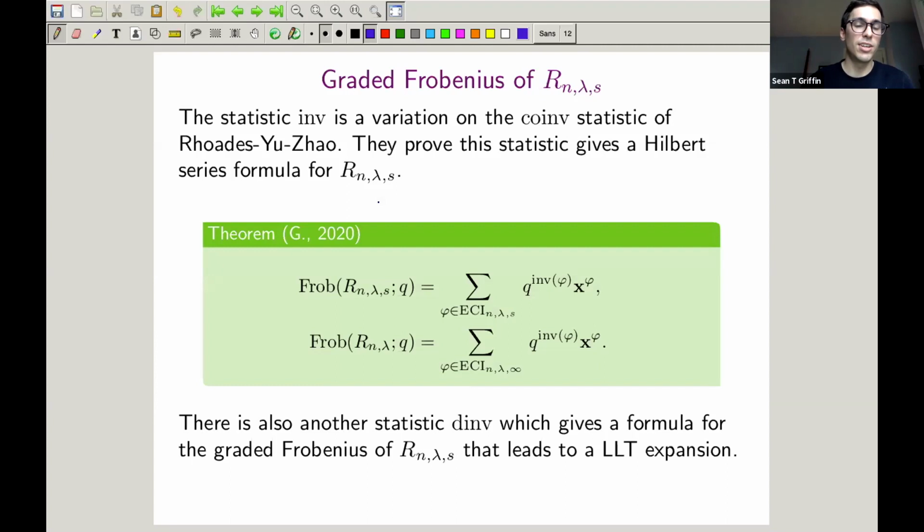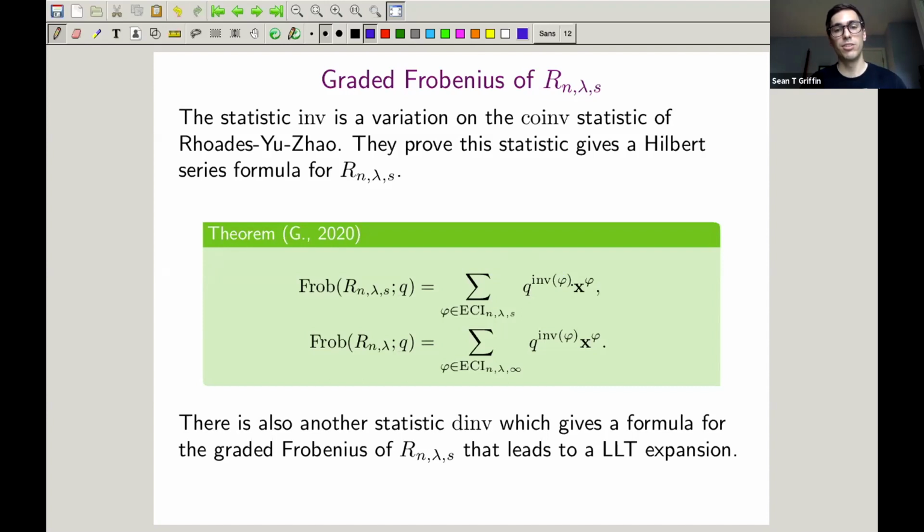And I should say, this inversion statistic is really just a variation on a co-inversion statistic introduced by Rhoades, Yu, and Zhao. They proved a Hilbert series formula for these rings. And it turns out that that Hilbert series formula extends to a graded Frobenius characteristic formula.